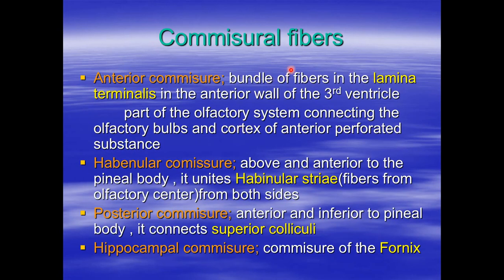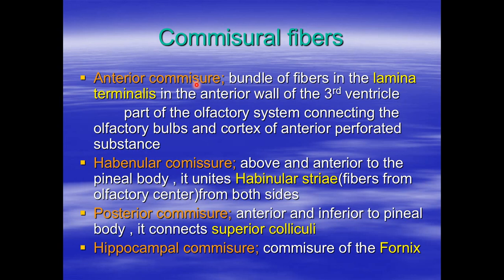Now, the commissural fibers: there are at least 4. These are the anterior commissure, the habenular commissure, the posterior commissure, and the hippocampal commissure. The anterior commissure is a bundle of fibers within what's called the lamina terminalis, which is the anterior wall of the third ventricle, the slit-like ventricle.